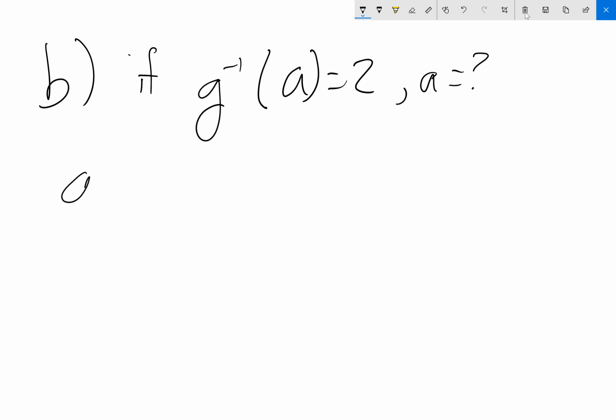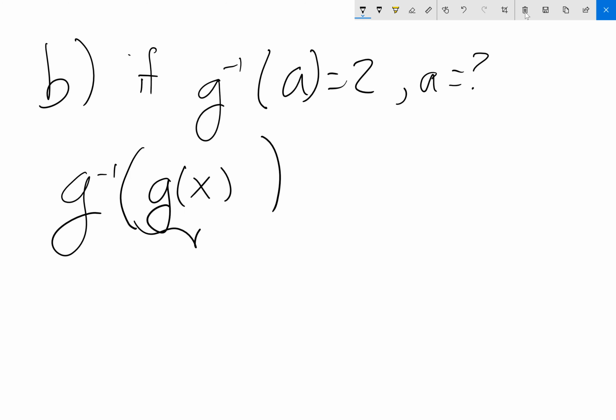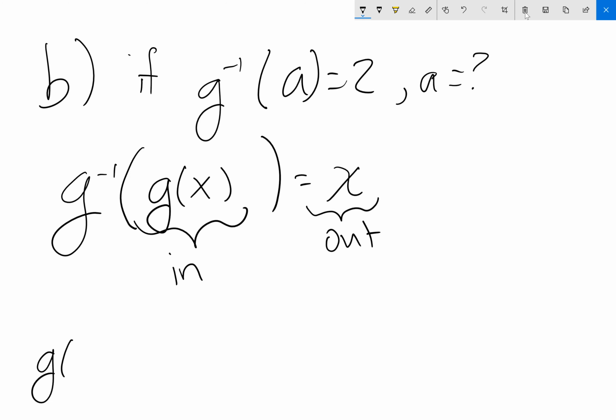So remember, whenever you see inverses, if it helps you, remember that the input is the output of our normal function and the output is the input of our normal function, right? G of x equals, in, out.